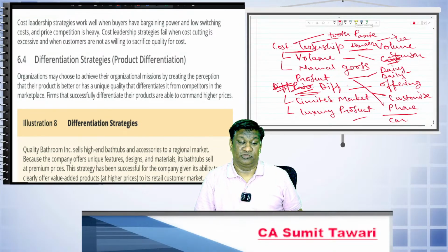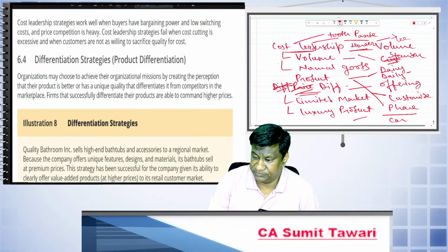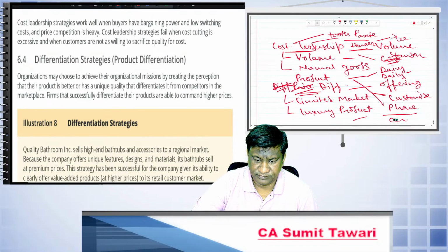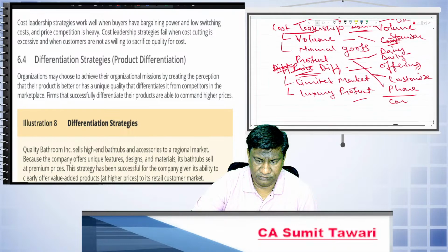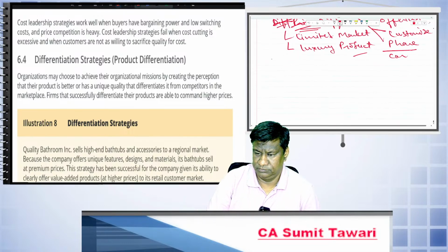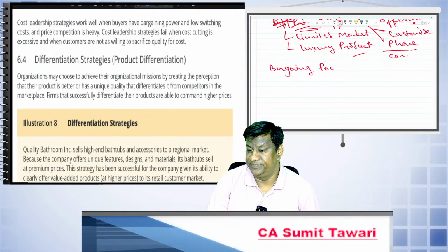And low switching cost, why low switching cost, we need to consider.